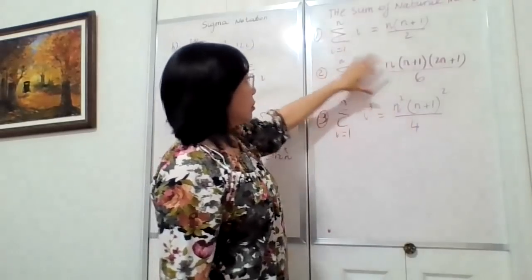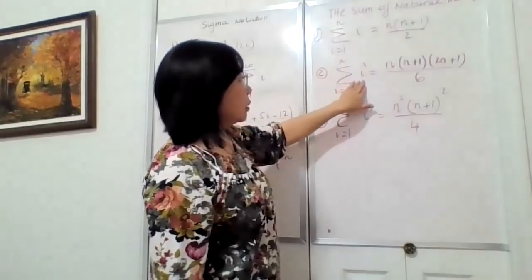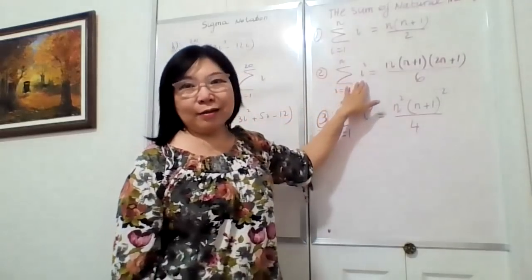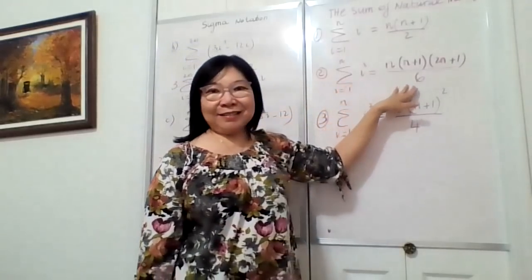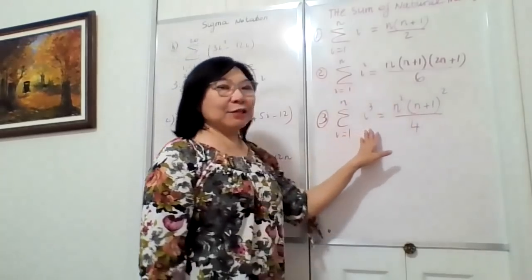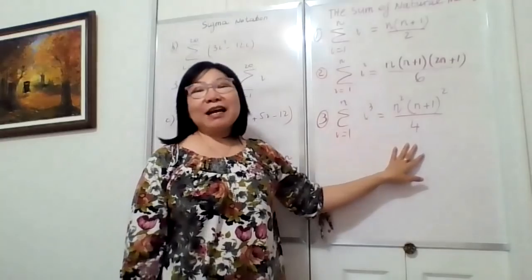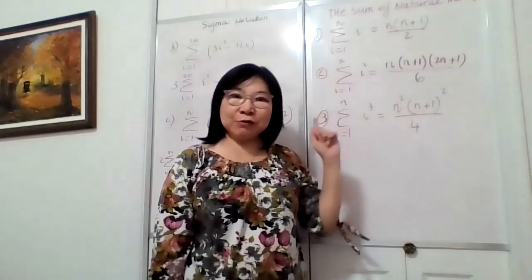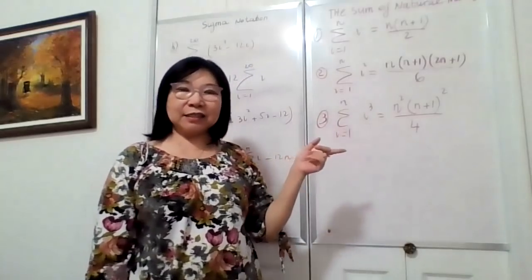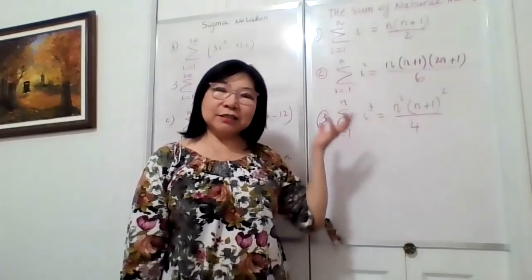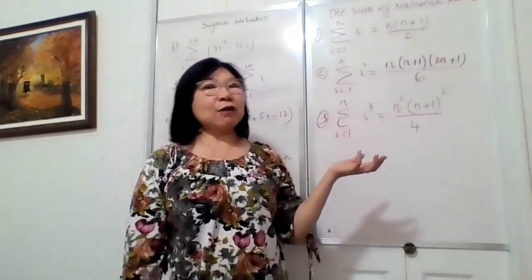The sum of the squares of natural numbers equals this expression, and the sum of the cubes equals this expression. I want to show you where we get that. How do we get this formula?